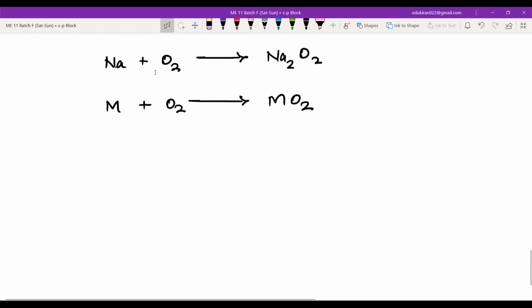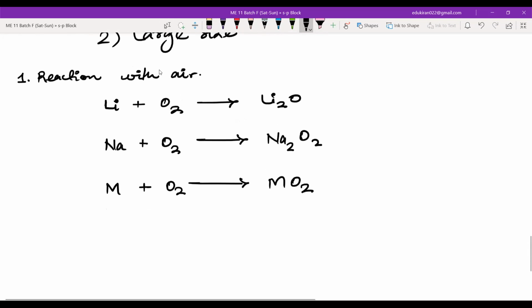Next, there is one question that you have to calculate: the oxidation state of sodium in Na2O2. So no matter what is the case, can you guys calculate the oxidation state of sodium in Na2O2? Try to calculate.